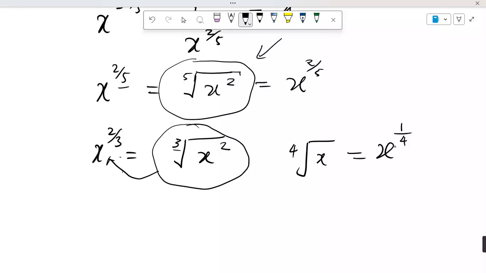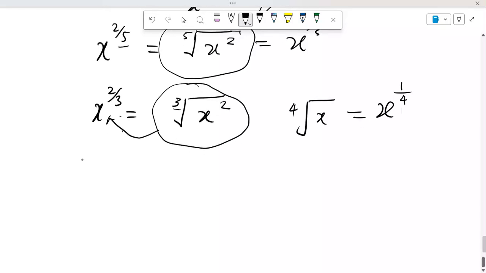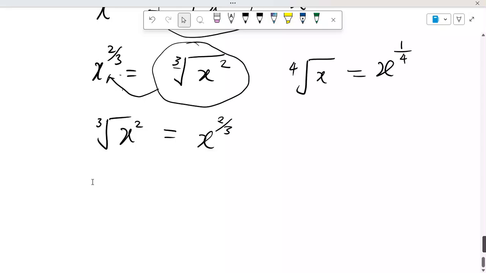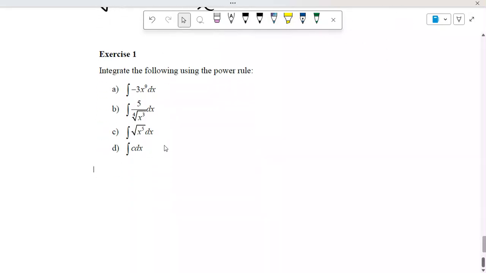It will be x to the power 1 over 4. Okay, let me write a couple more. Let's say the root is 3 here, and there is 2 here. The power of x is the numerator, so this is 2. The denominator is the one here, so 3. Okay, I hope you have understood how we convert these functions.